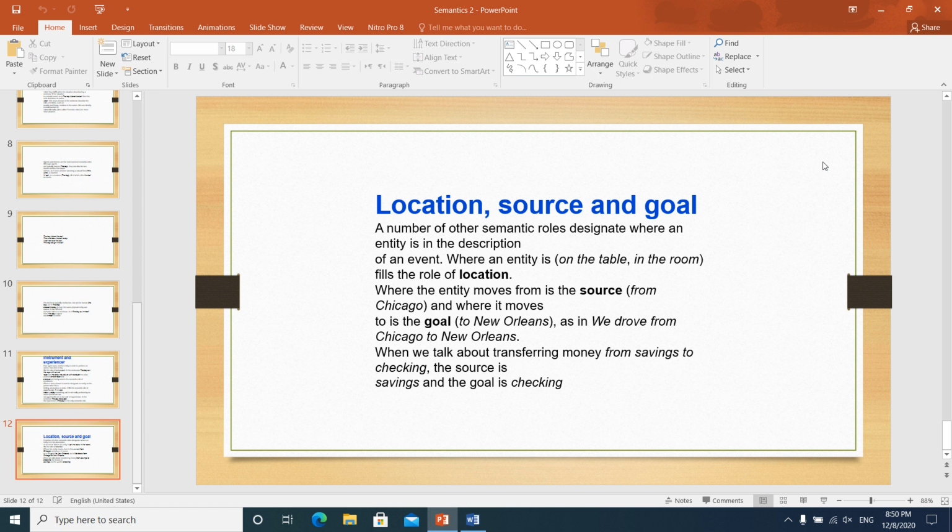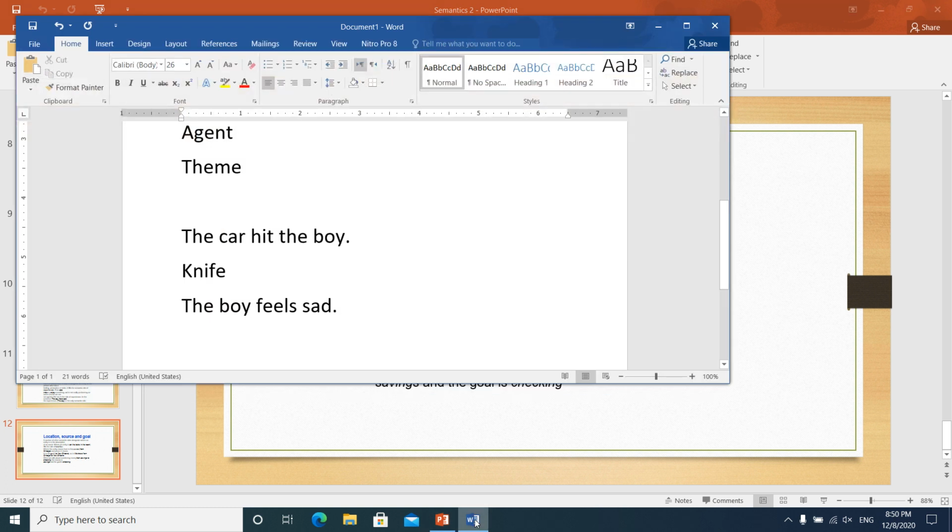Another type is location, source, and goal. Look at this sentence: I live in Basra. What is Basra? Basra is a noun, and here it is part of a prepositional phrase, an adverbial phrase, in Basra.